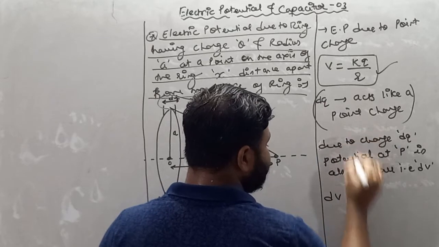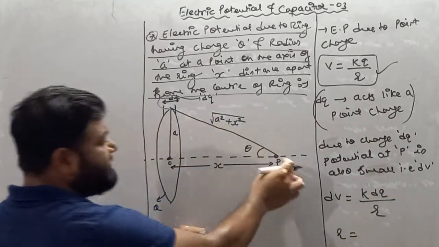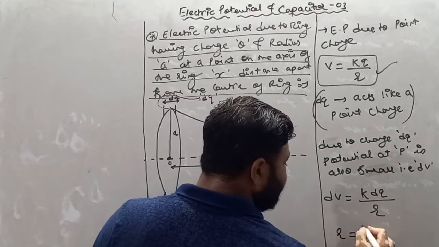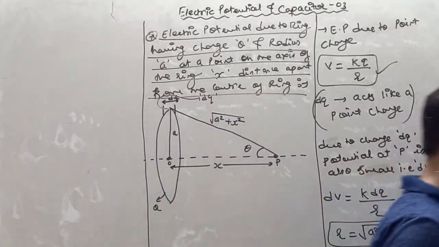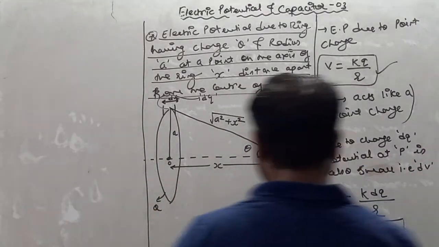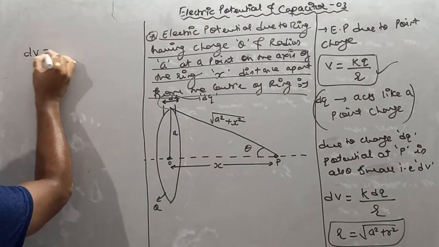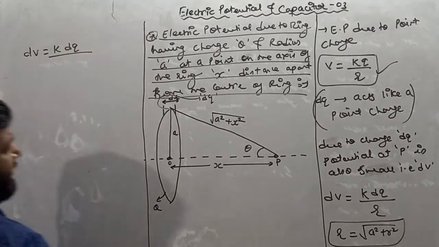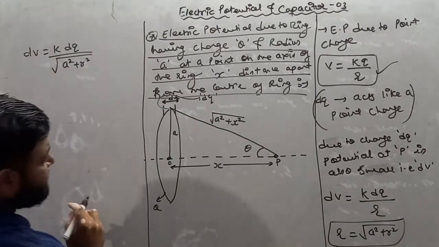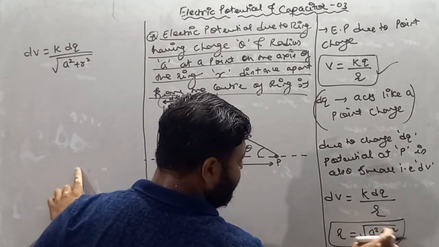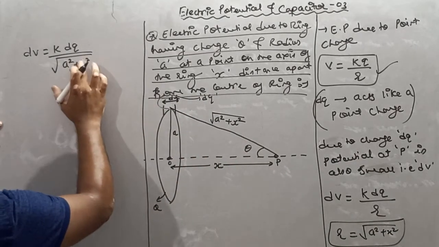So dV is equal to k dq by r, and r is the distance between the charge and point P. So the distance is nothing but under root a square plus x square. Now we put the value: dV is equal to k dq by r, that is under root a square plus x square, because this distance is x.